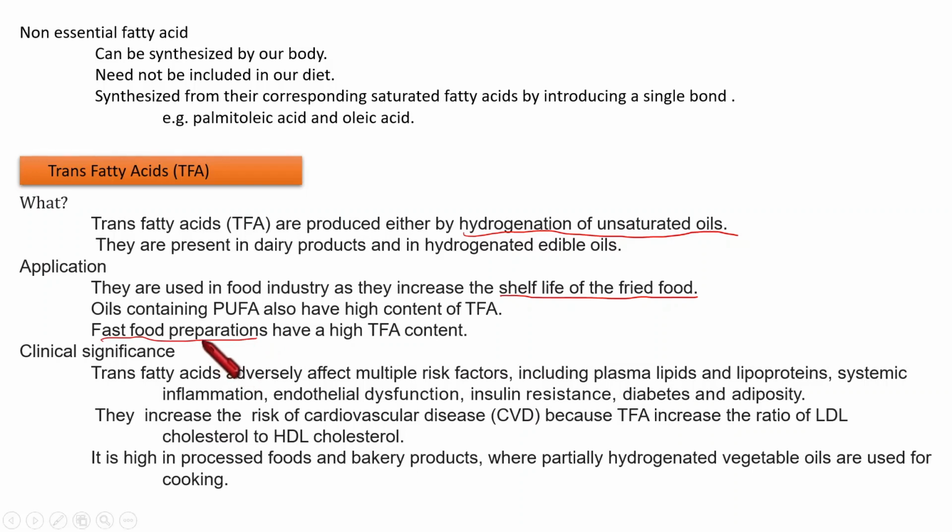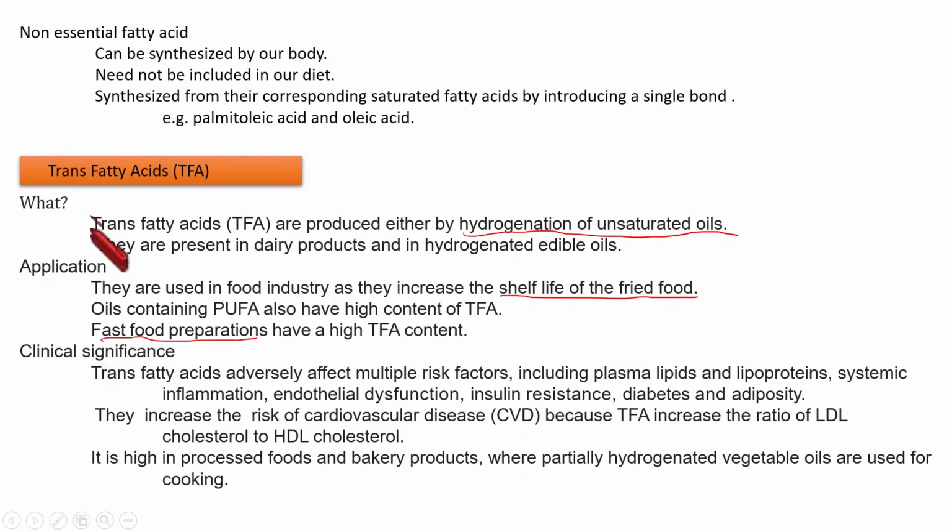Fast food preparations have high TFA (trans fatty acid) content because TFA can increase the shelf life of fried food. Also, oils containing PUFA, polyunsaturated fatty acids, contain a high content of TFA.